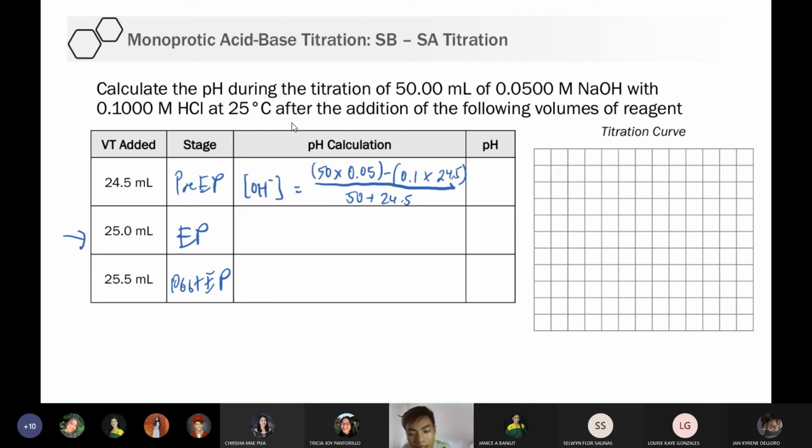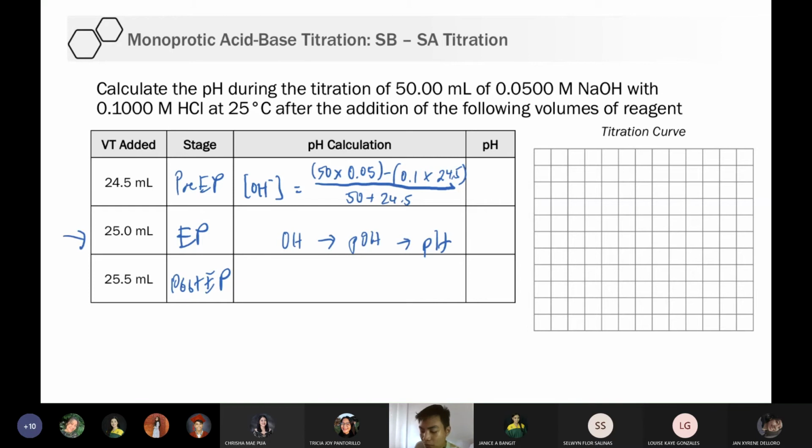So we solve for the OH, then we solve for the pH. Okay, so ganito yung flow ha. OH, gawin mong POH, then gawin mong pH. Hindi ko napapakita kasi alam nyo na yan. Okay, so pindutin nyo lang natin sa calcu.